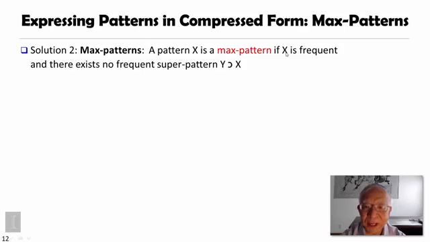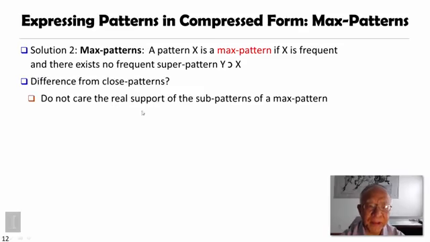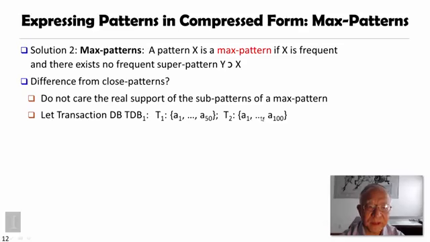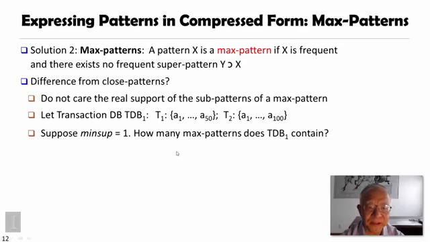X is a max pattern if X is frequent and there exists no frequent super pattern Y of X, and we don't care about support anymore. So the difference from the closed pattern is we do not care about the real support of subpatterns of a max pattern. Let's look at the transaction database like this.